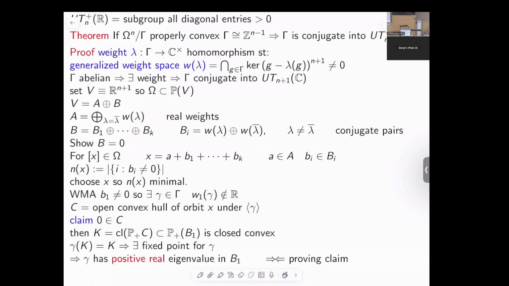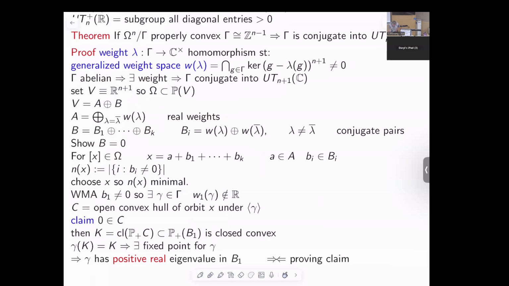And the reason is, if the zero vector is not in the convex hull, this should actually say closed convex hull. So you take the closed convex hull, the smallest closed convex set containing the orbit, and the claim is zero isn't in there. And the reason is, if zero is not in that convex hull, then we can take the image in the unit sphere in positive projective space.